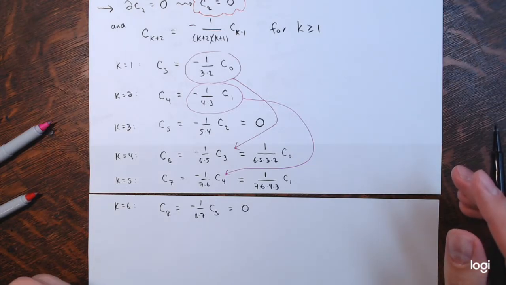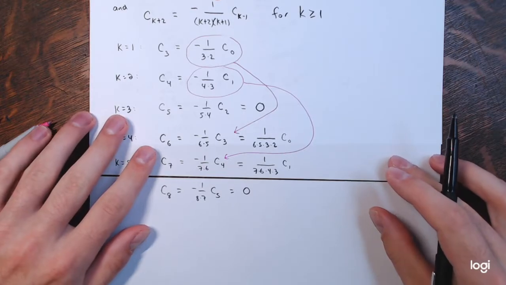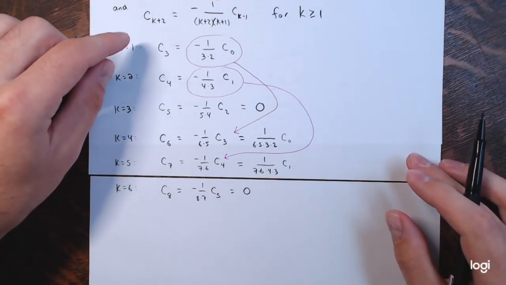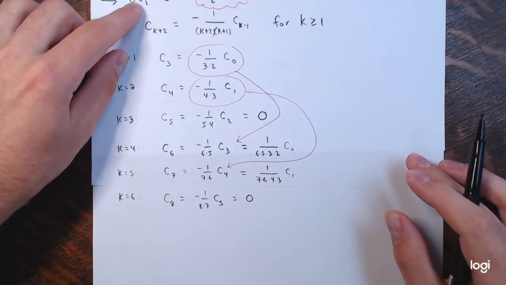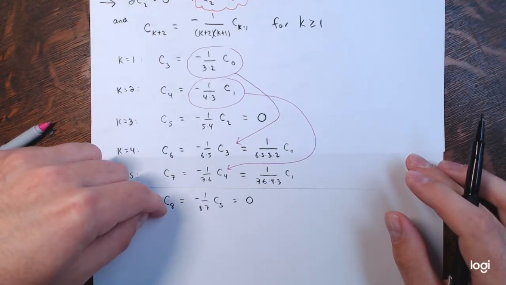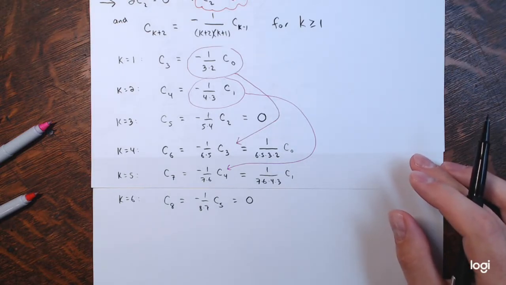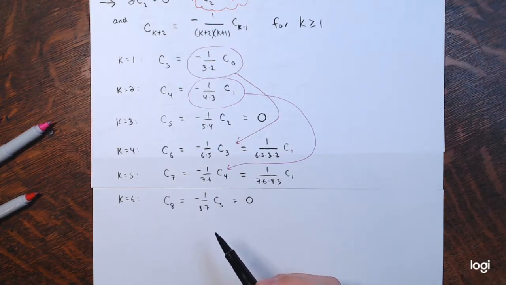So it looks like every third constant, from c2 onwards, c2 is 0, c5 is 0, c8 is 0. It would seem that c11 would also be 0, c14. Looks like all those are going to be 0.